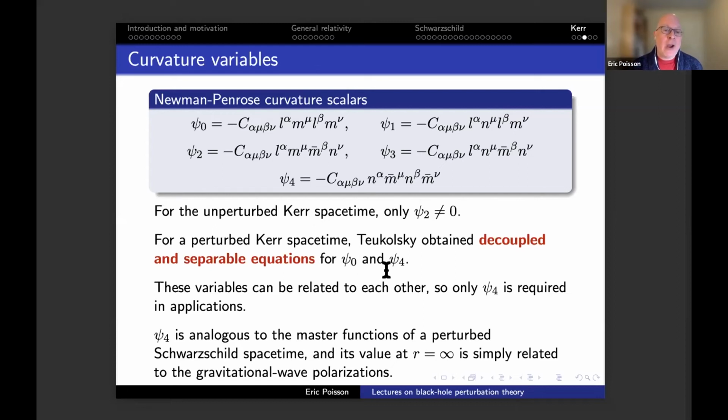So for those variables, you can actually introduce a nice set of angular functions that allow you to separate the variables and end up with equations that can actually be dealt with in a reasonable manner.